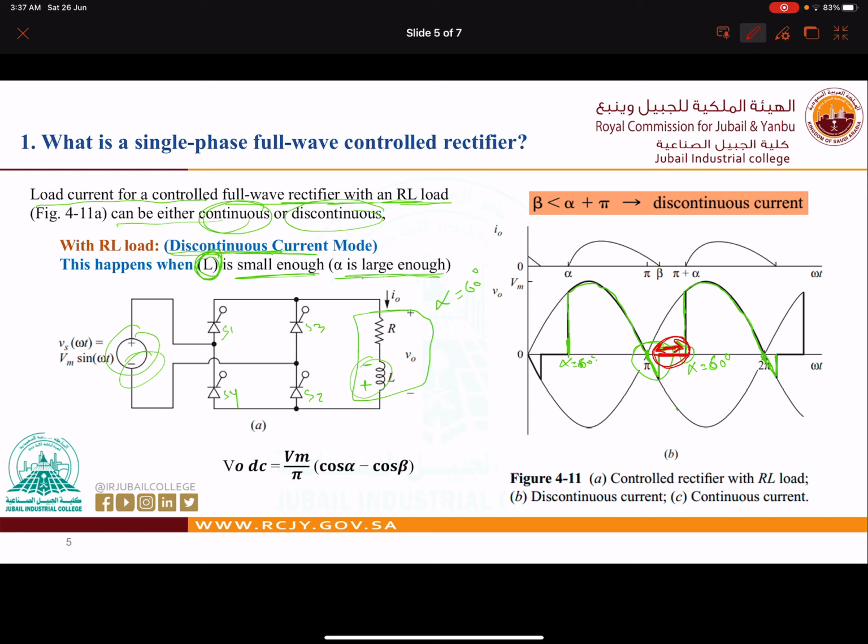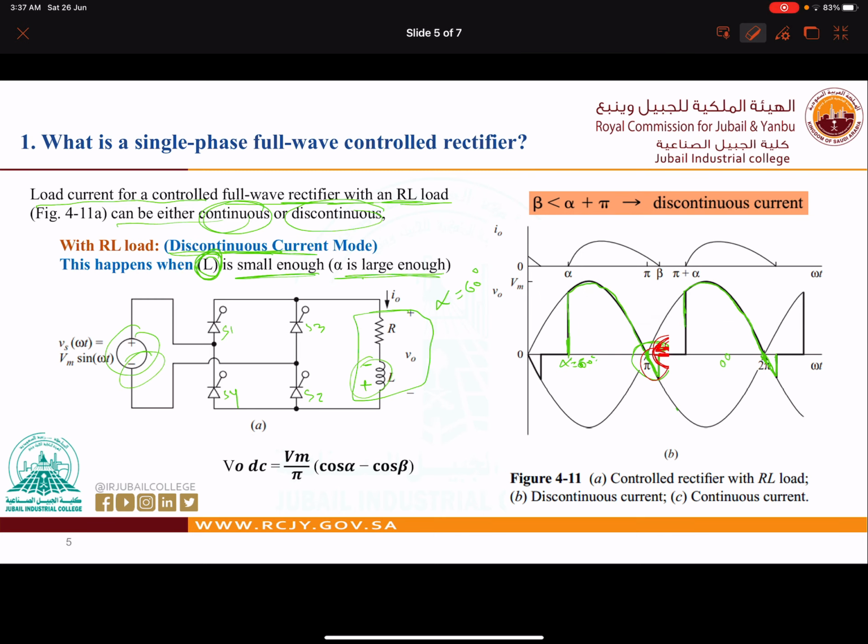So if we have this gap, if we have a gap between the inductive discharge voltage and the second alpha, then we will have a discontinuous current mode, because the current goes to zero. If the current goes to zero, then we have a discontinuous current mode.